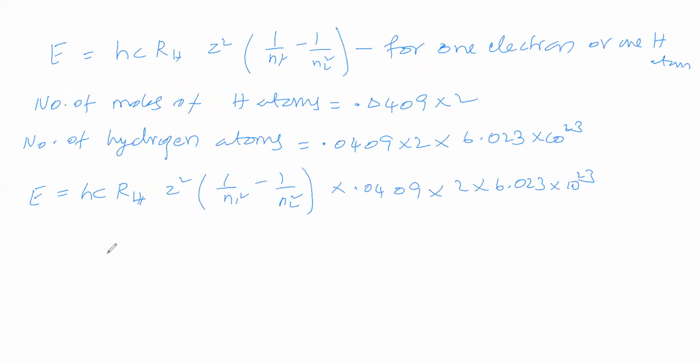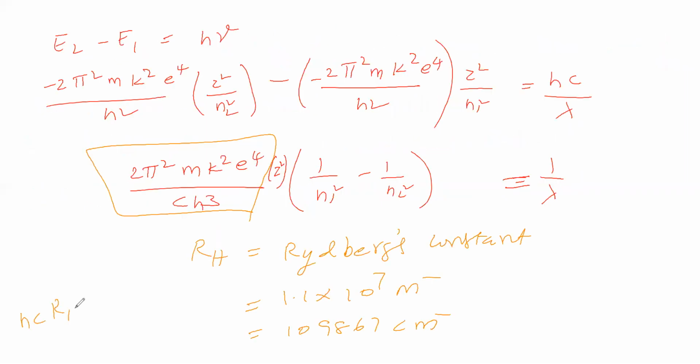So now, hc into RH formula, that we will see. hc into RH means you multiply with hc. So hc multiplied, the c and h cancel, and only this part will be there.